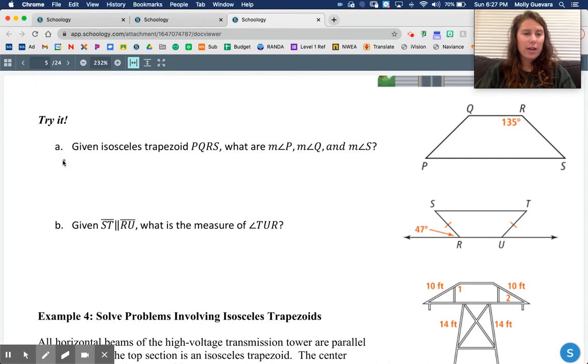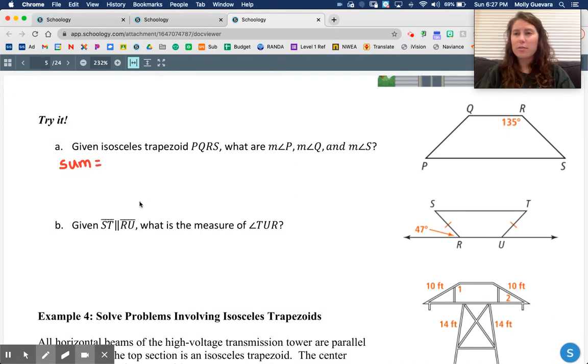The sum of a four-sided shape, think of a square, is 360 degrees. So if I know that this is 135, what else do I know is 135? And do I know what P and S is? So I want you to try A and B here. Just give it a shot, hit pause on the video, and when you're ready to go over it, hit play, and then we'll work through it.